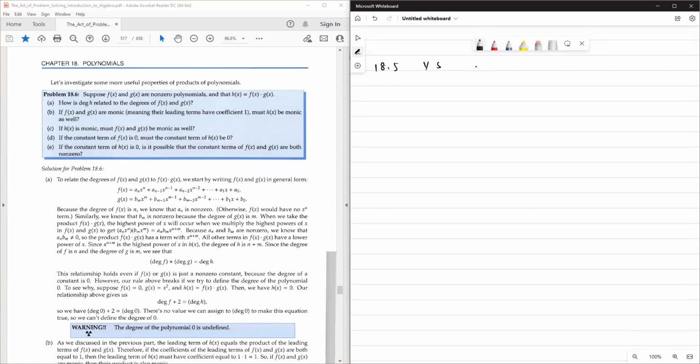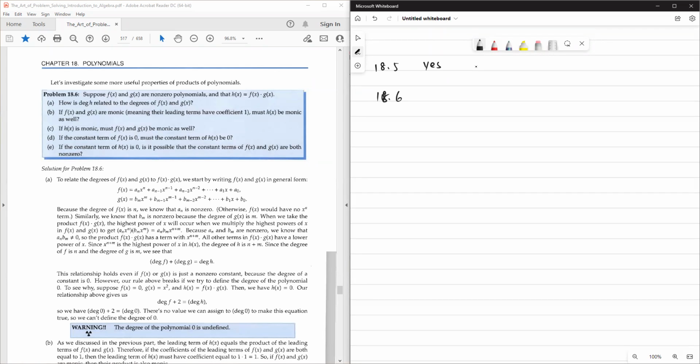Okay. 18.6. Suppose f of x and g of x. I'm assuming that you're comfortable with the notation of f of x, g of x by now. If not, just think of it as a functional form.